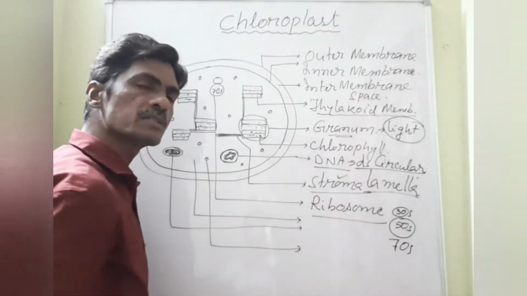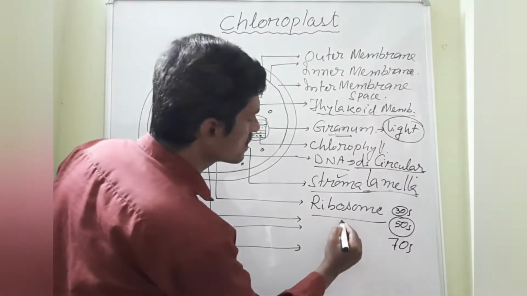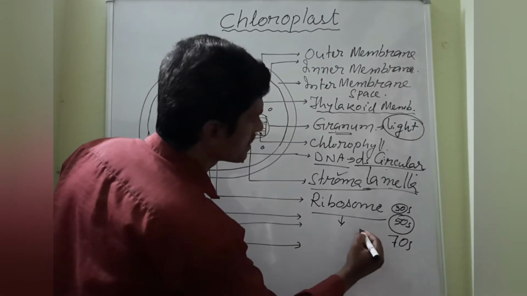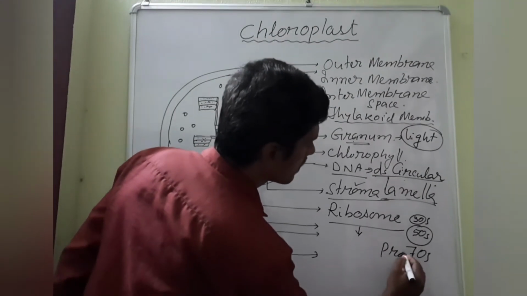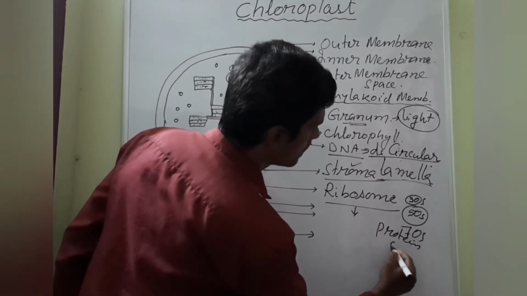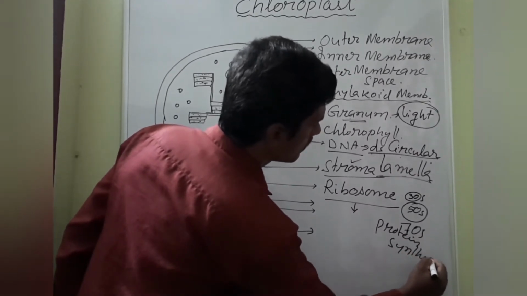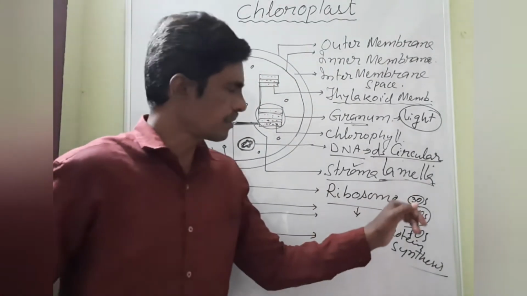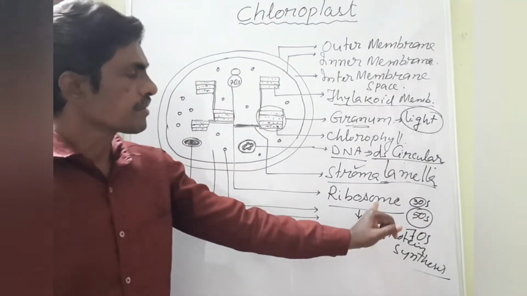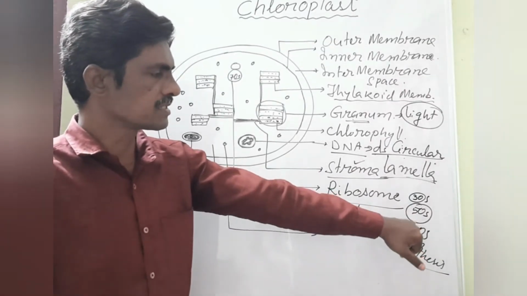So what is the function of ribosome? The main function of ribosome is protein synthesis. But the type of ribosomes found in chloroplast is the 70S type.